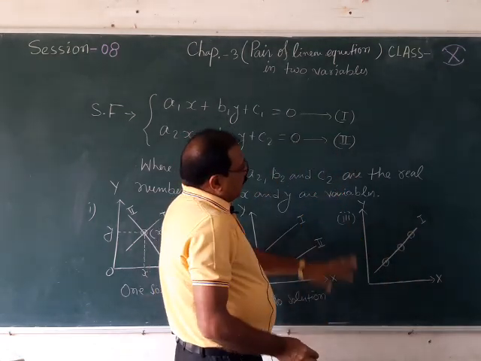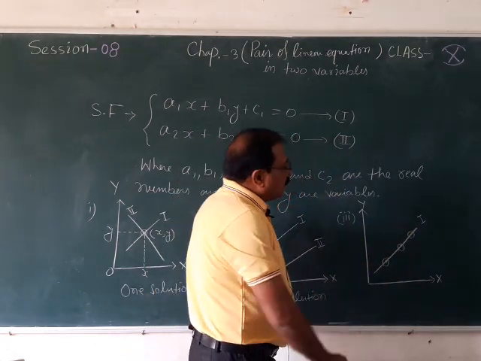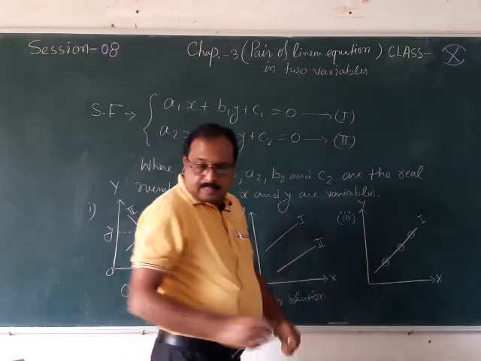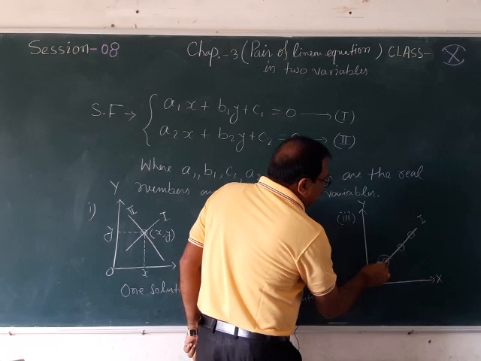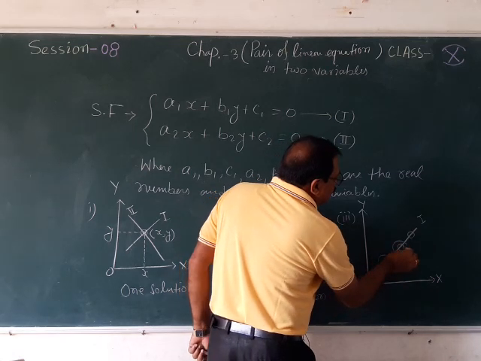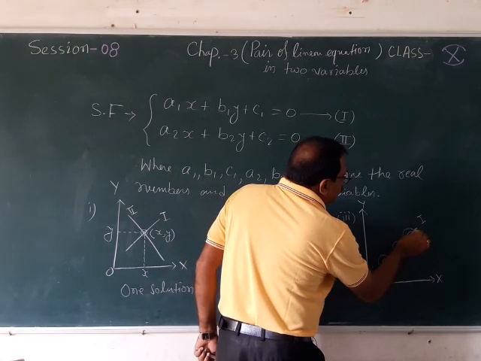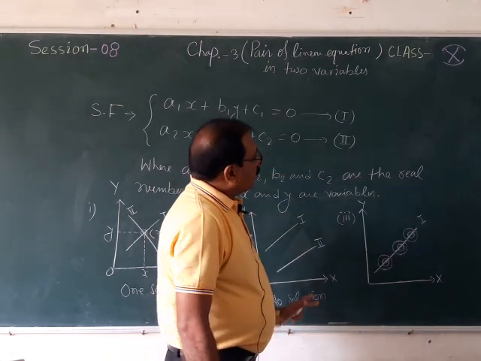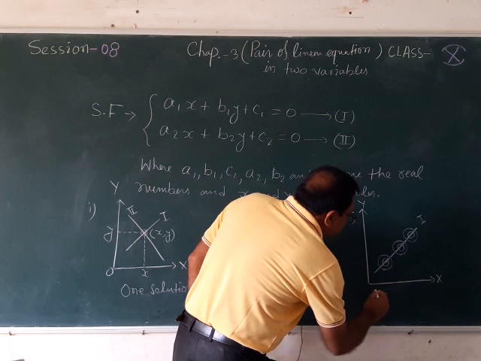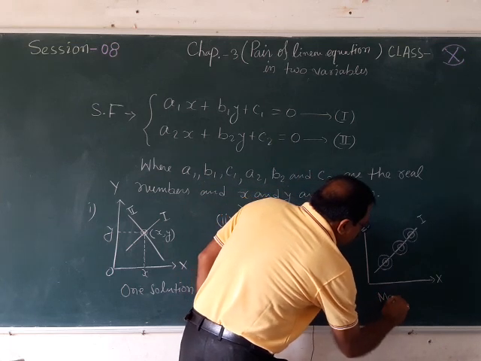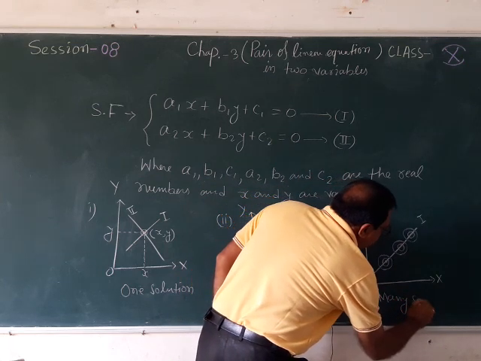Again, if you draw the second equation's graph, this graph is also going on the same line. That means both the graphs are going on the same line. In this stage, you can say there are many solutions. So this is the case for many solutions.